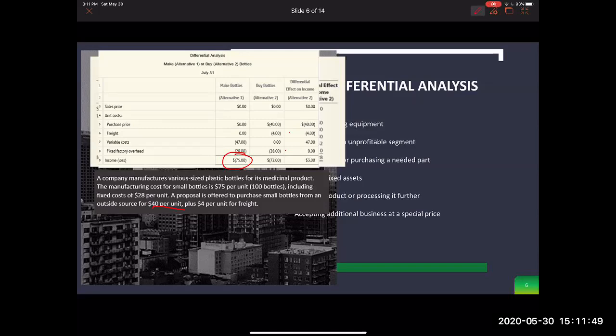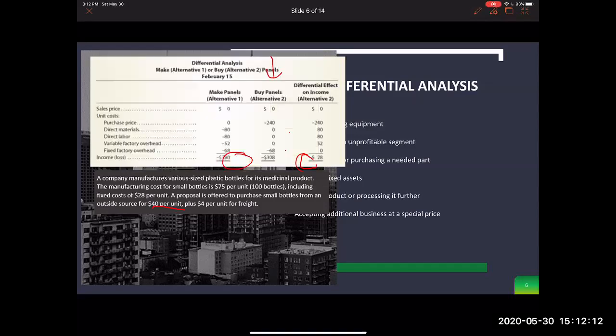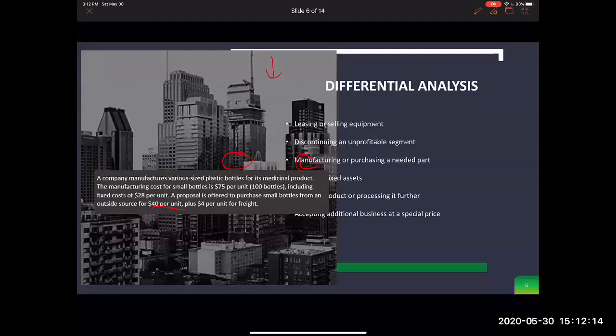In looking at these two alternatives, what you should see is that it's cheaper for us to buy the bottle from the supplier than for us to make it. It is cheaper by $3. We're saving $3 if we decide to buy the bottle from the supplier rather than make it. Hopefully that made sense to you.